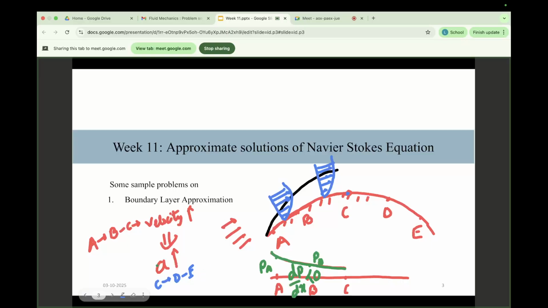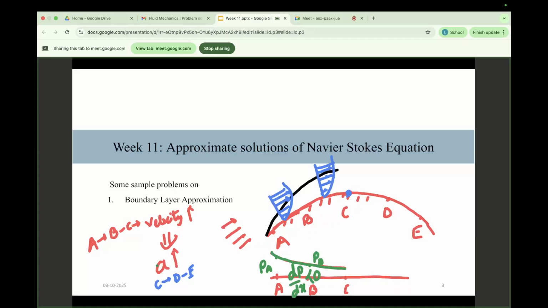As the pressure is minimum at C, right? So along this path CDE, the area of the flow increases and the velocity will decrease, and the pressure will definitely be more here.